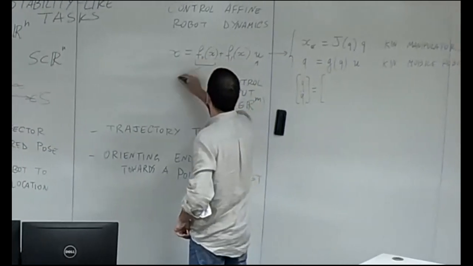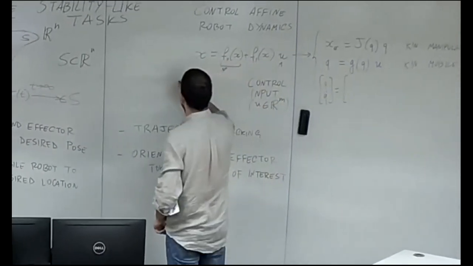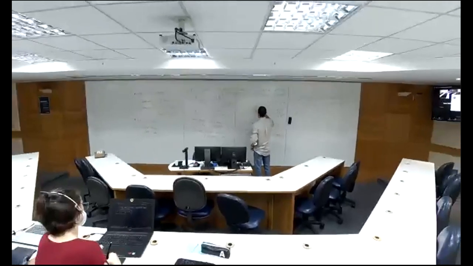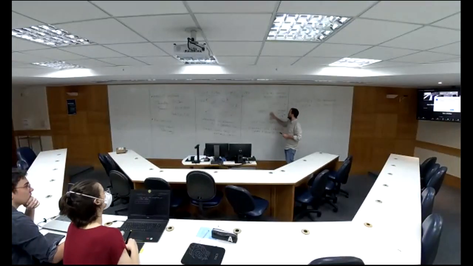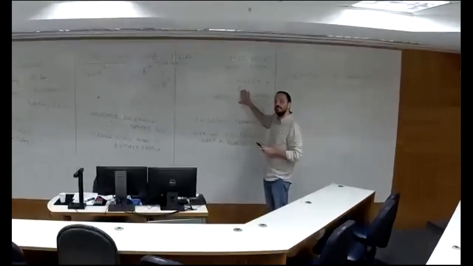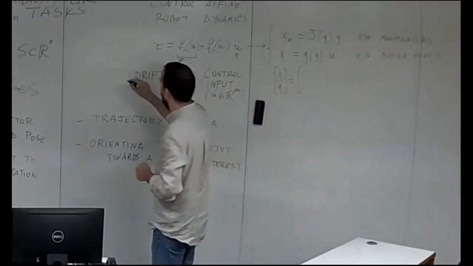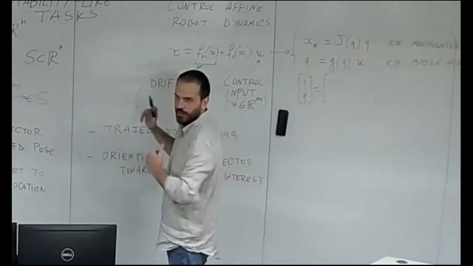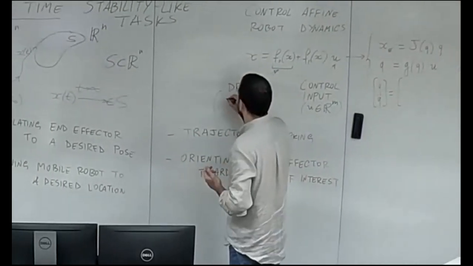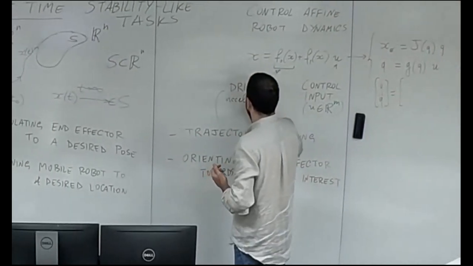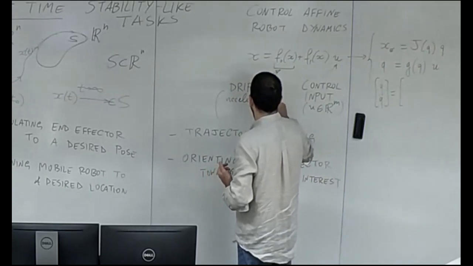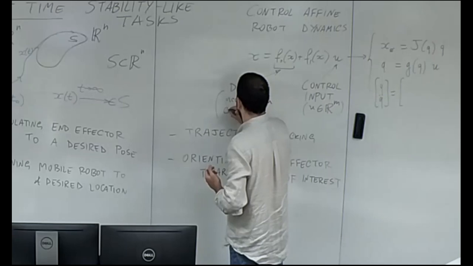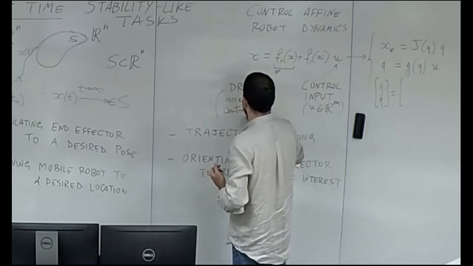F0, by the way, is sometimes called the drift. As you remember, we said that this appears in the case of mechanical systems when there are dynamical effects like acceleration, centrifugal forces.